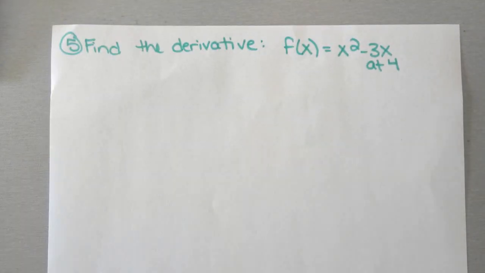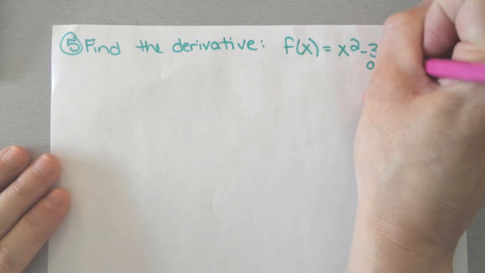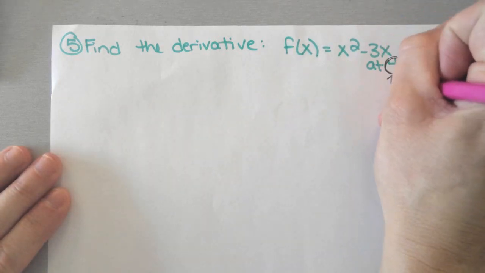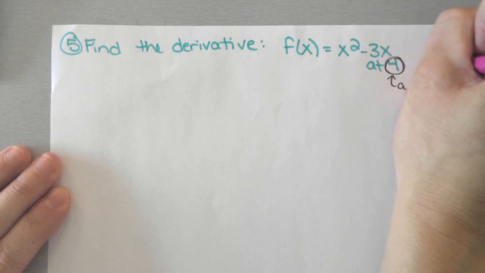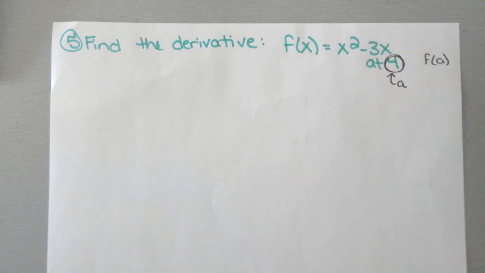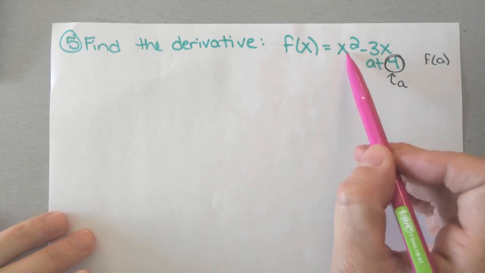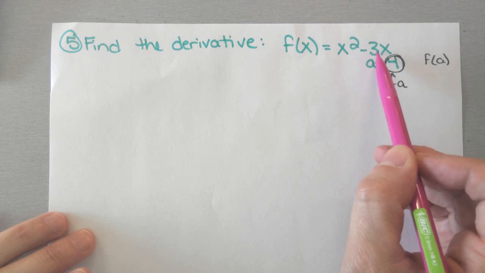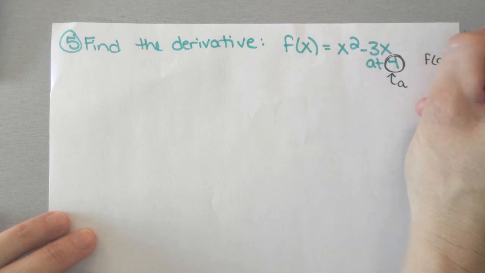All right. For this one, we're asked to find the derivative at 4. Remember, that means 4 is my a value. I don't have f of a like I did for the last one, so I need to calculate it. How can I find f of a? Plug it in. So 16 minus 12, which gives me 4.